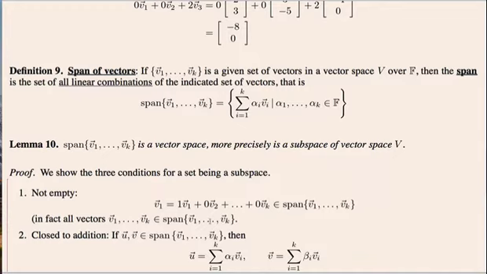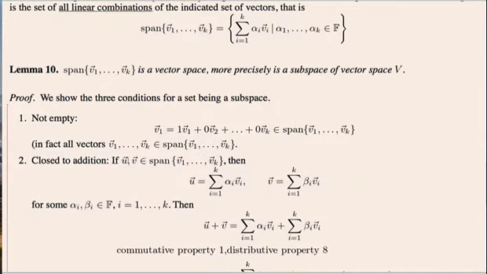It's also closed under addition. To show this, if you choose two vectors u and v from the span of v1, ..., vk, then by definition that means u can be written as a linear combination, sum of alpha_i v_i, and v can also be written as a linear combination. It's supposed to be probably different from u, so instead of alpha we have to use some other notation for the scalars.